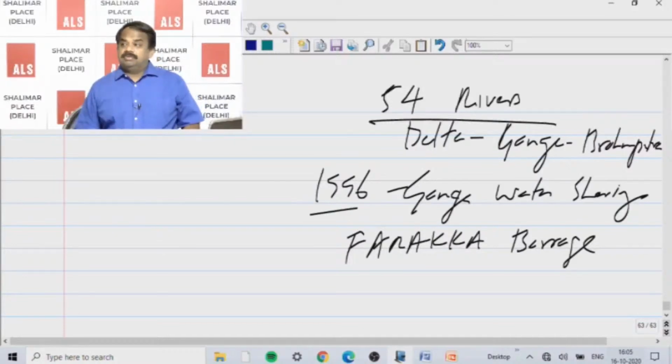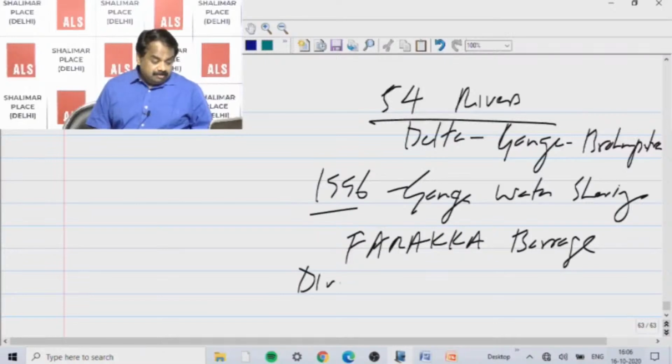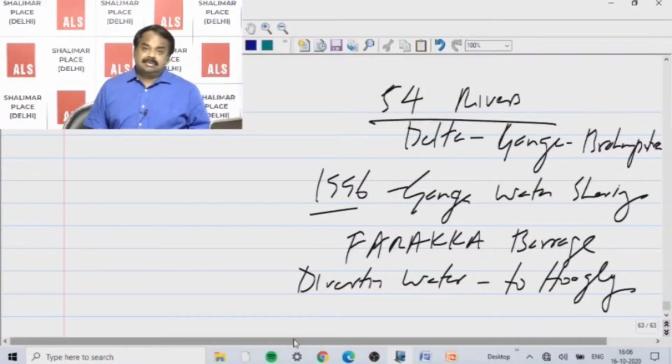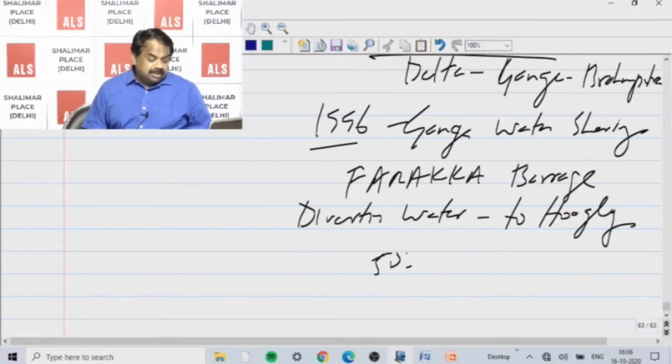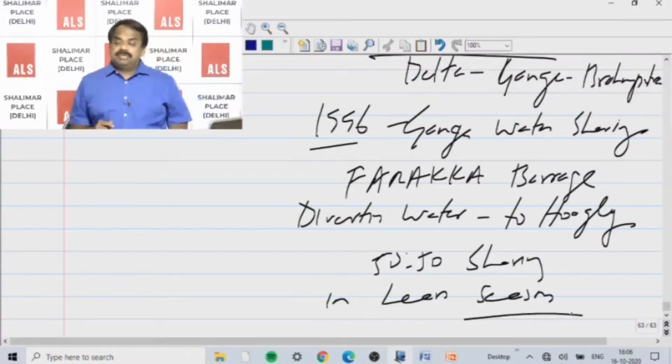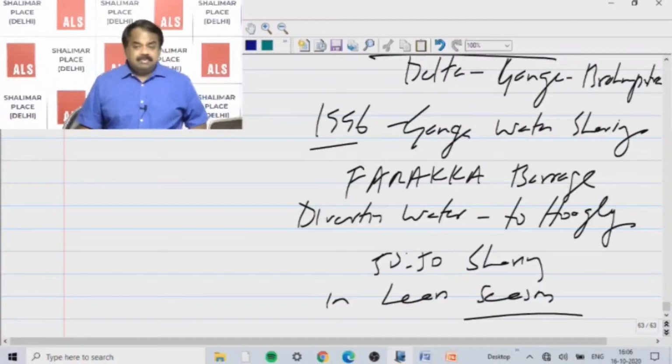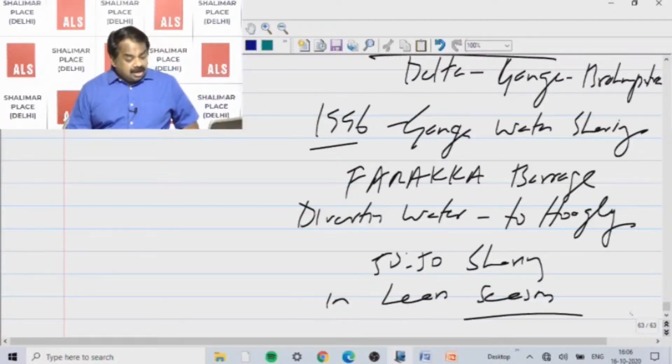The main complaint was that India is diverting water into Hooghly, and we have settled it to the satisfaction of Bangladesh. So finally, we have agreed for almost 50-50 sharing in the lean season. That is what we agreed, and we have settled it. So Ganga we have agreed.